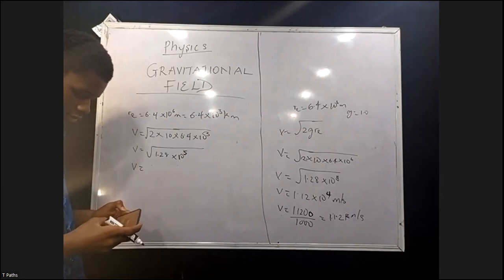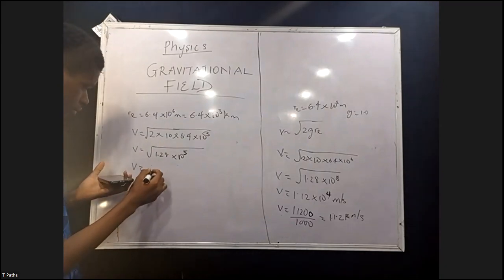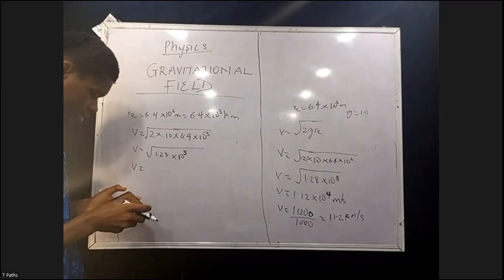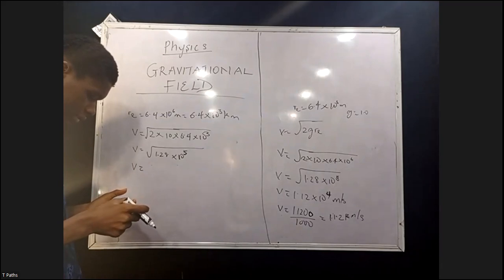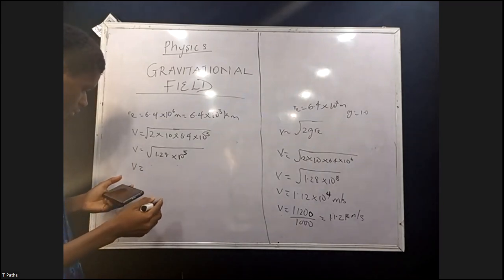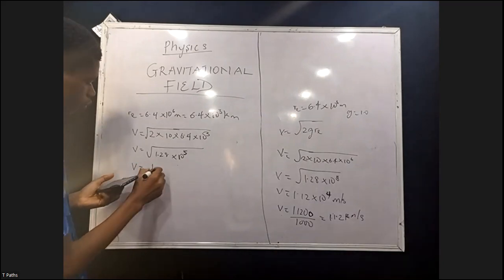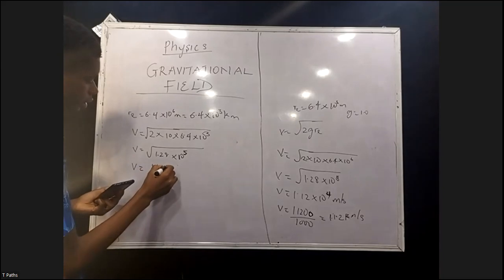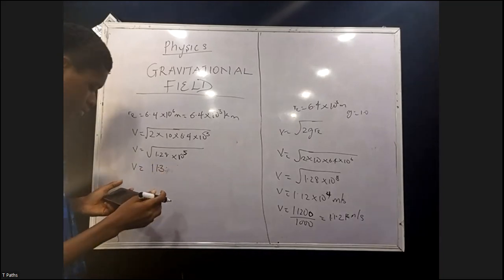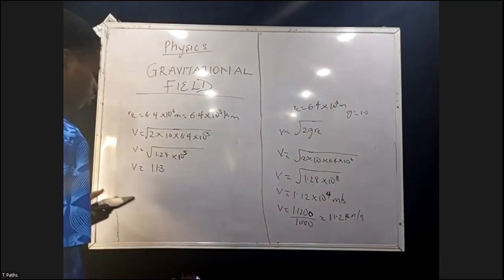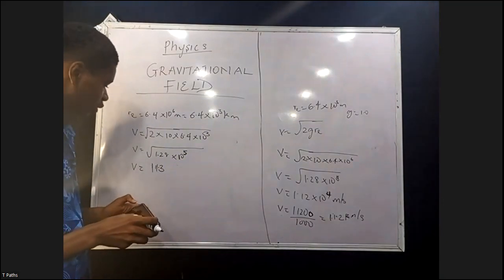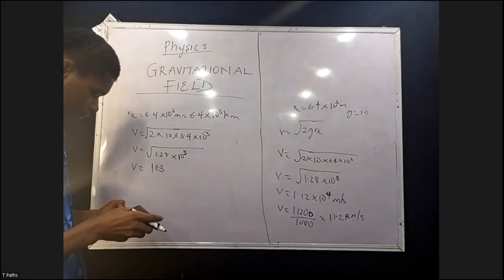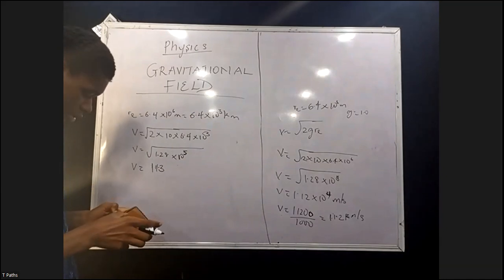So the square root of this is going to give me 11.3. But I think something is wrong here. 10 times 2 times 6.4.